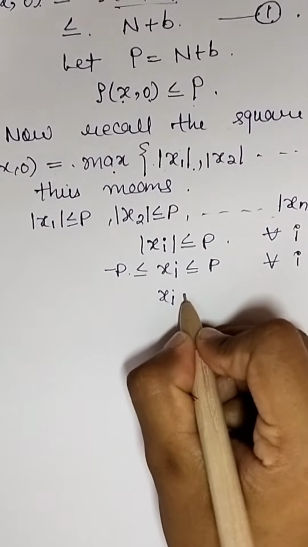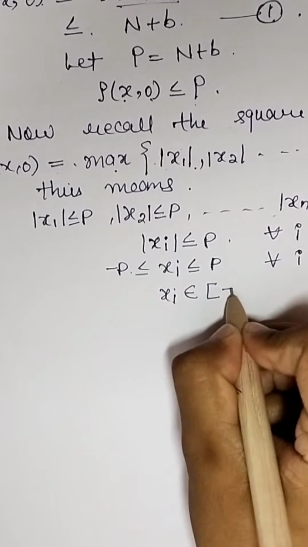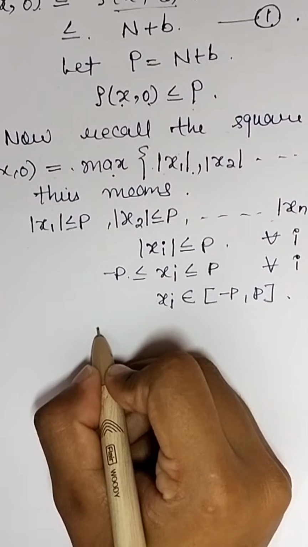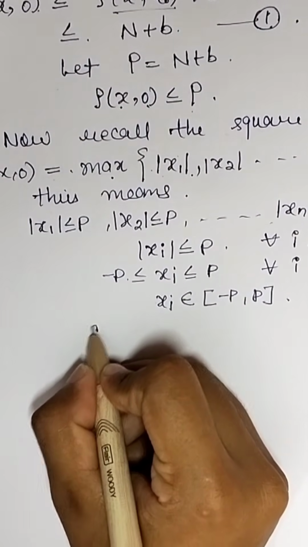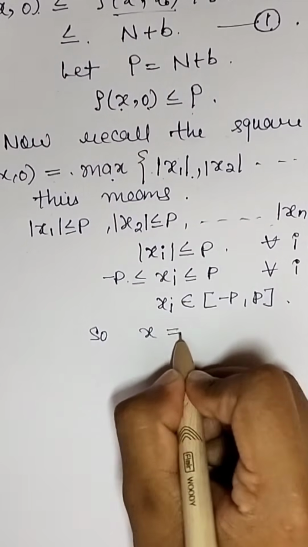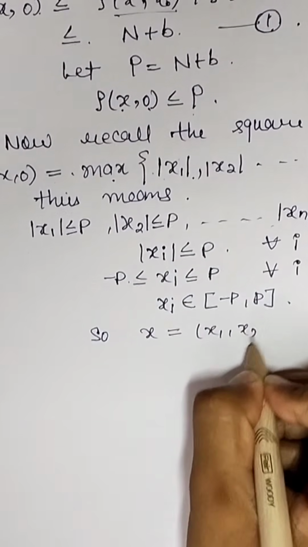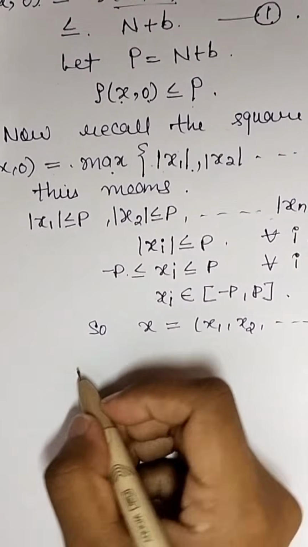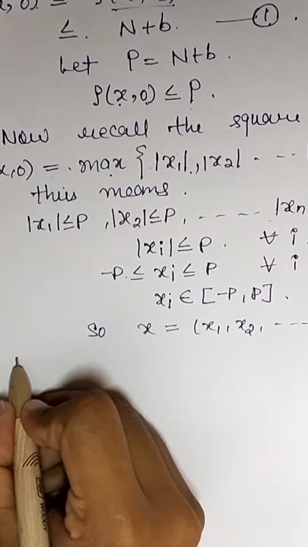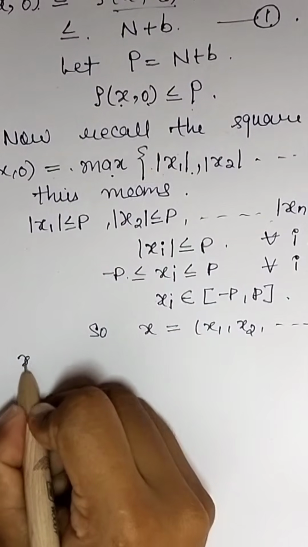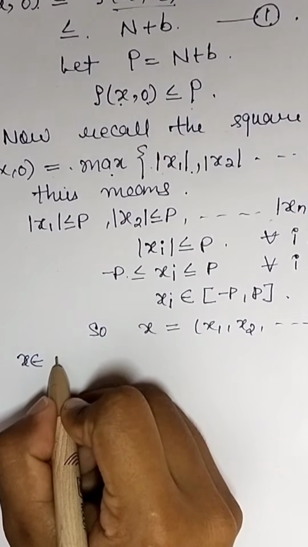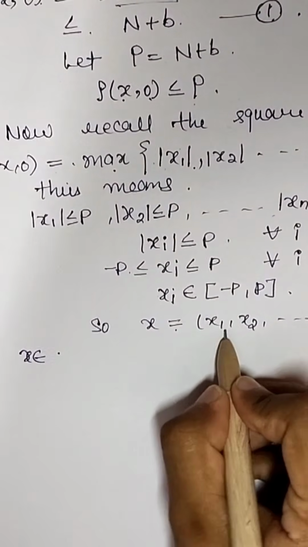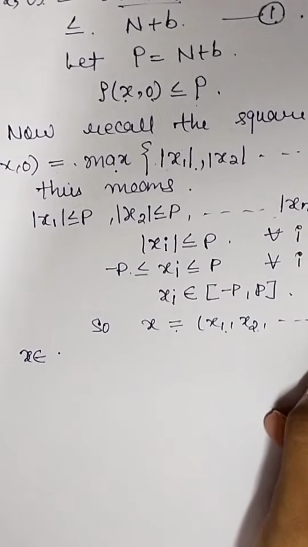So xi belongs to the closed interval minus p to p. So x is equal to x1, x2, dot dot xn. We are assuming that x is equal to x1, x2, dot dot xn.